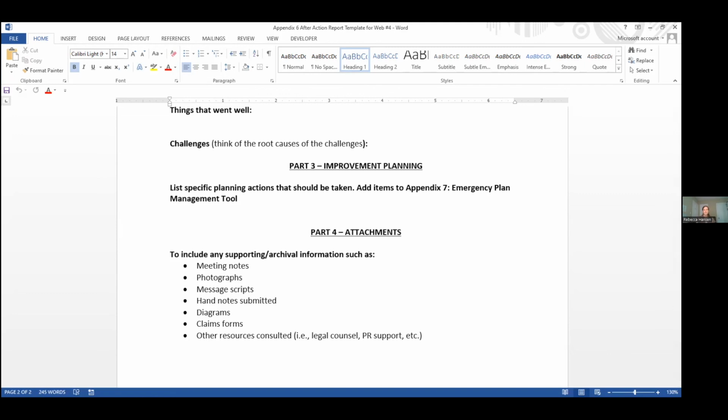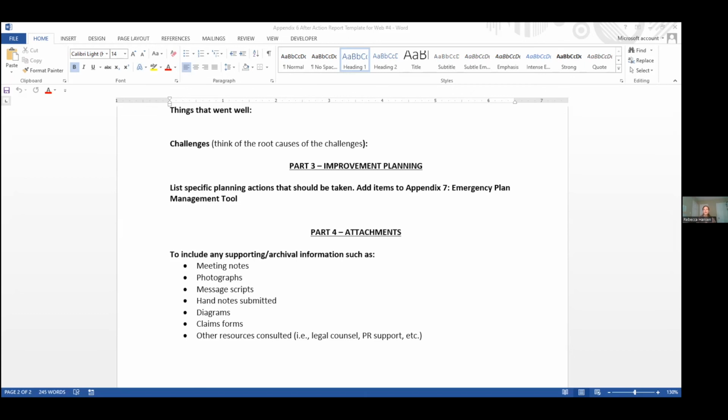I'm going to just switch back to the presentation, and I'm going to show you now another tool that we've provided, which is the emergency management planning tool. This is really like a project management tool, so a way to keep track of the things that you identified that you want to change.